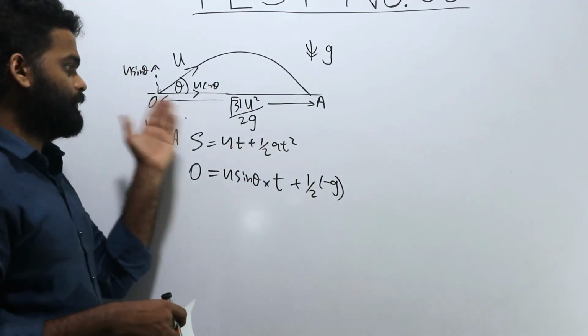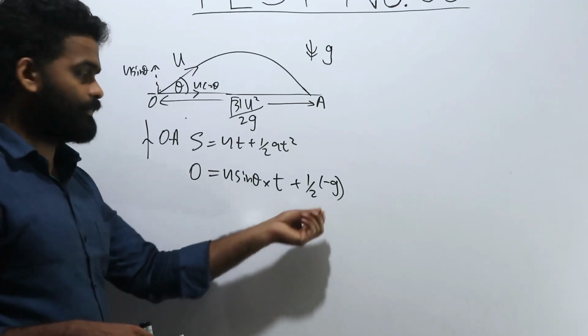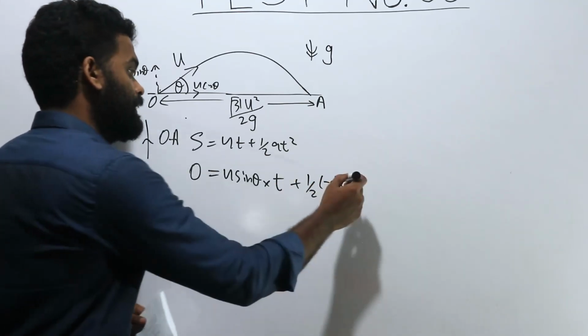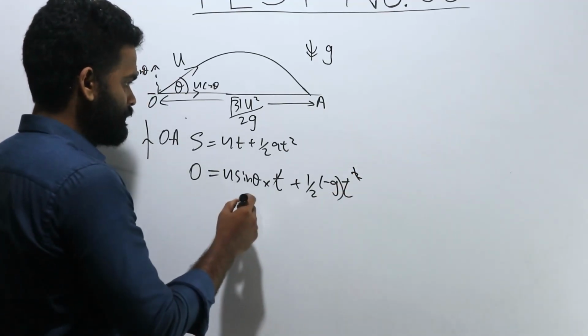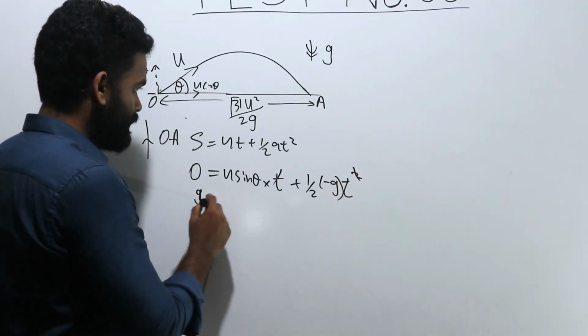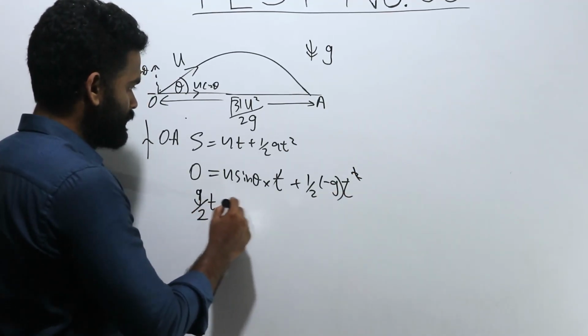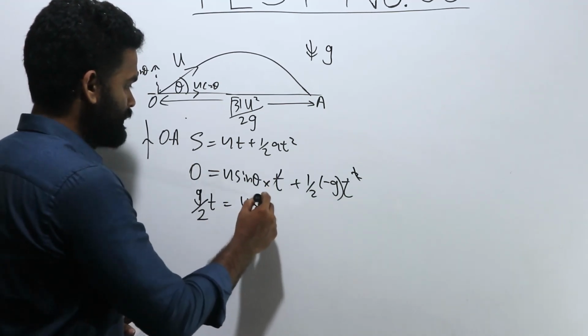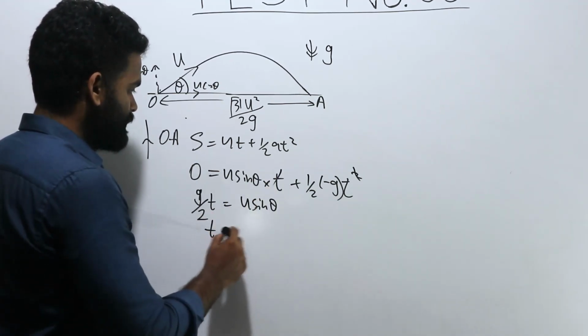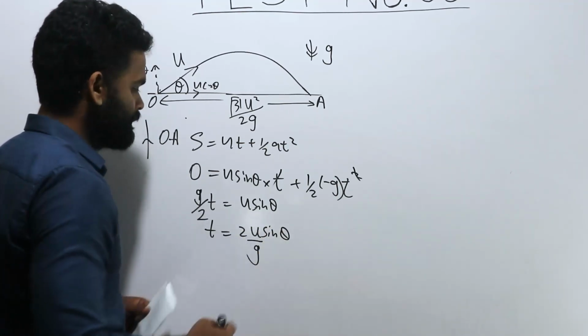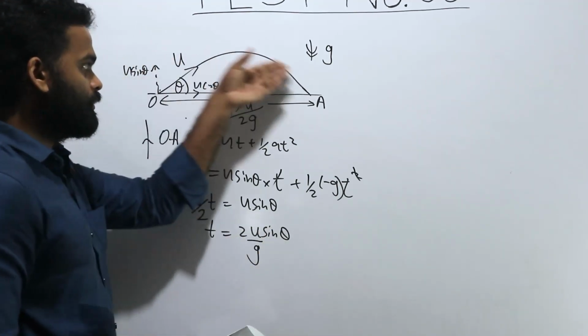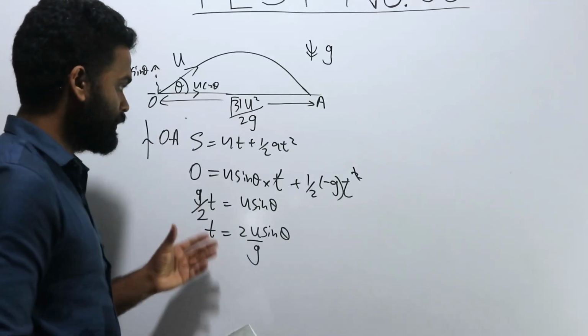The equation is applied upwards but the acceleration is downwards, so it is minus g t squared. One t cancels off. Then g divided by 2 times t equals u sine theta. Then the time is 2u sine theta divided by g. So this is the total time for this projectile motion.